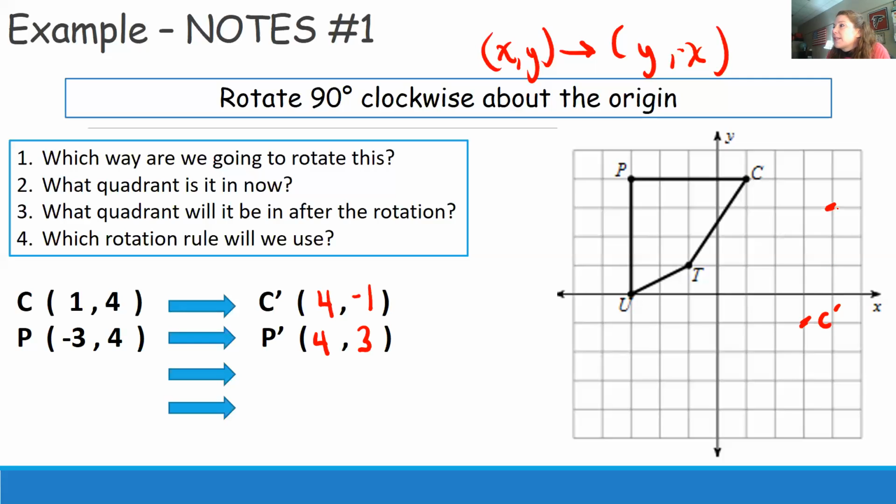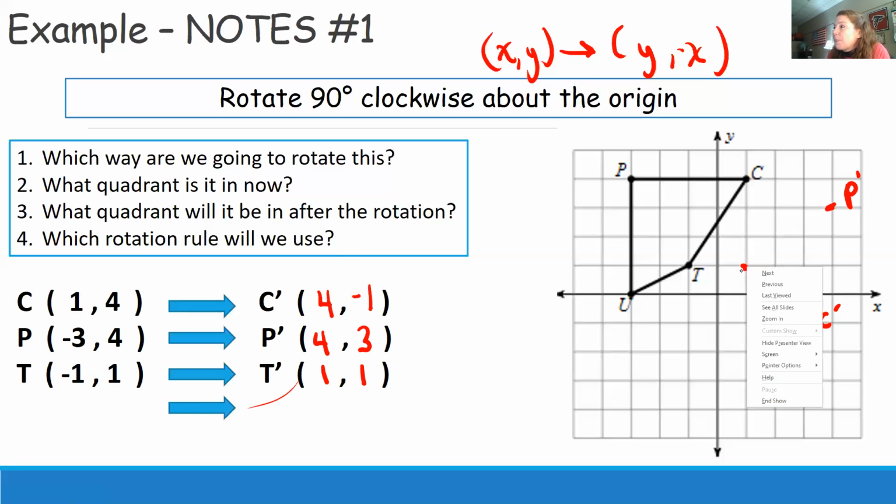Oh, I almost missed it. There's P prime. All right, what about one of the other corners? T is at -1, 1, so we move this -1 to the back. It becomes positive. This y value comes to the front and stays the same. So T prime is at 1, 1.